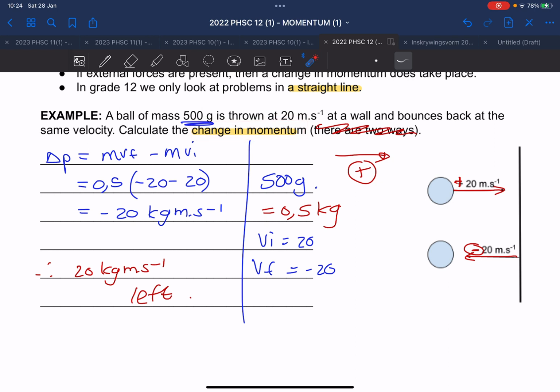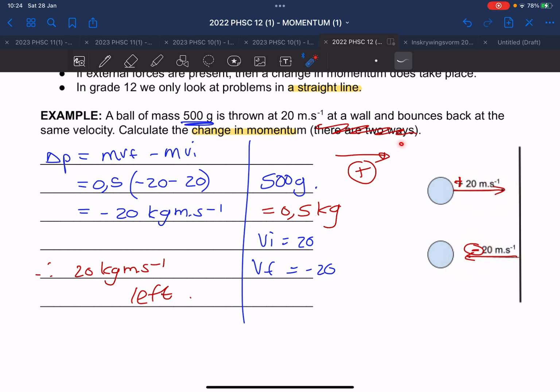Now, I tell you there are two ways. I'm only going to show you one way because that formula is on your data sheet. So I show you the one with the formula that you have. If we look at the scenario here, this ball goes to the wall at 20 and it bounces back at 20. Now you can see there's a change in momentum and there are different directions.